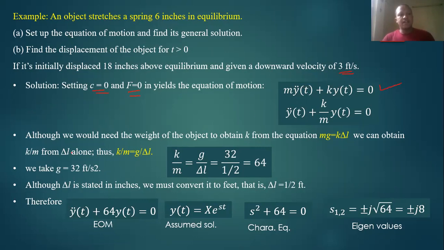In static equilibrium position, mg is equal to k delta L, where delta L is the initial deflection, or delta S as we sometimes call it. From this, we can find k over m, which is equal to g over delta L, which gives us this value.